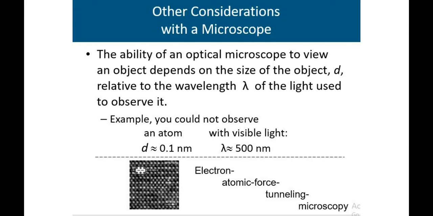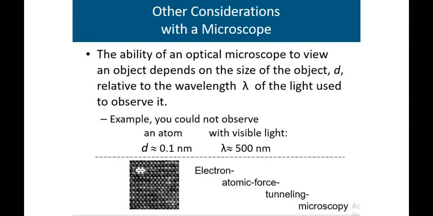What else? With visible light, you cannot see objects which are smaller than the wavelength of light. For green light, the wavelength is 500 nanometers or half a micron, and this is the limit of what you can see with a light microscope.